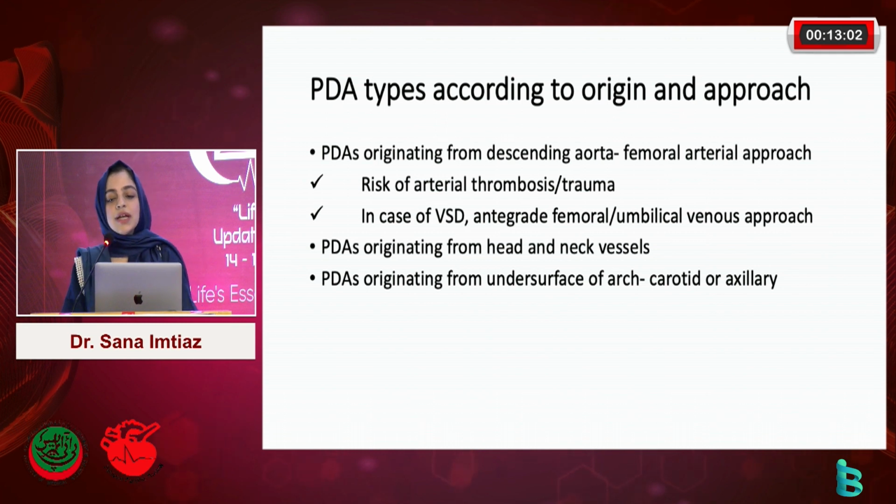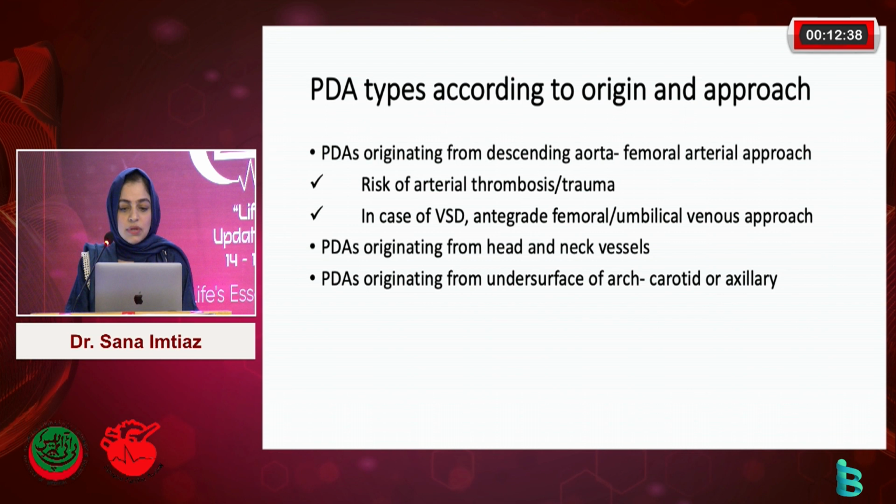The approach and vascular access is planned mainly according to PDA origin. PDAs originating from the descending aorta are accessible with relative ease from a retrograde femoral or umbilical artery approach. But in neonates and infants, there is an increased risk of arterial thrombosis and trauma with the femoral arterial approach.